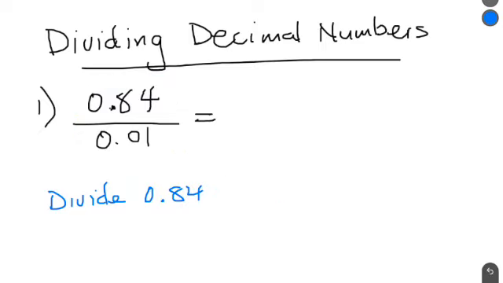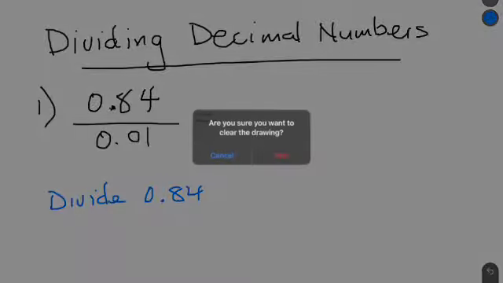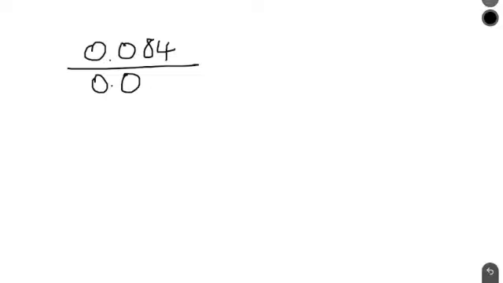How would we solve a problem where we have 0.084 divided by 0.01? Why don't we do that? 0.084 divided by 0.001.